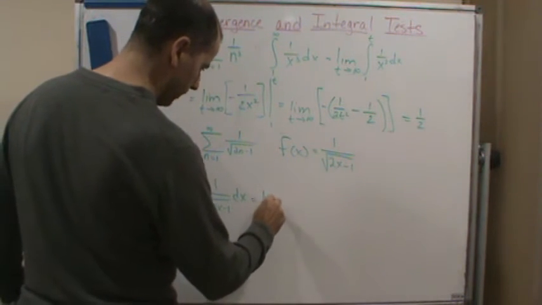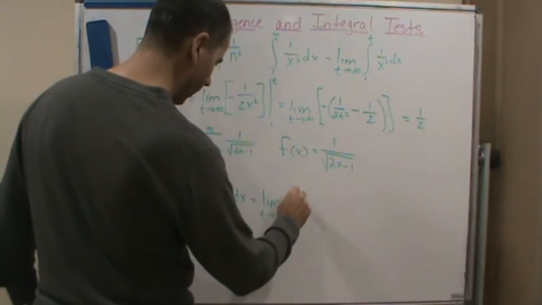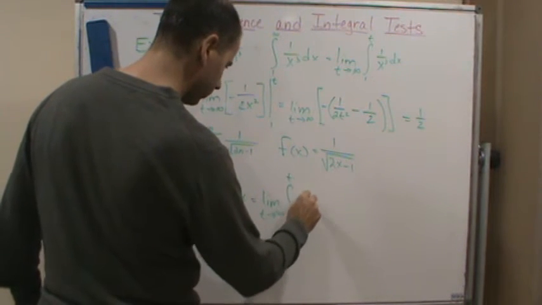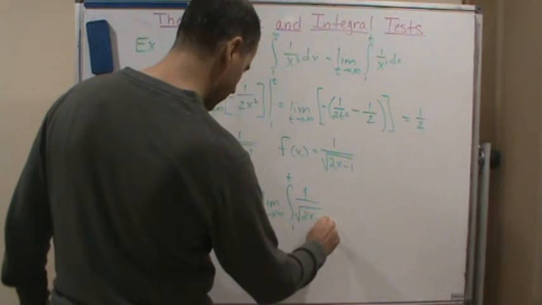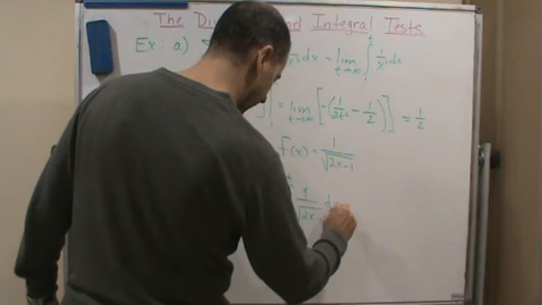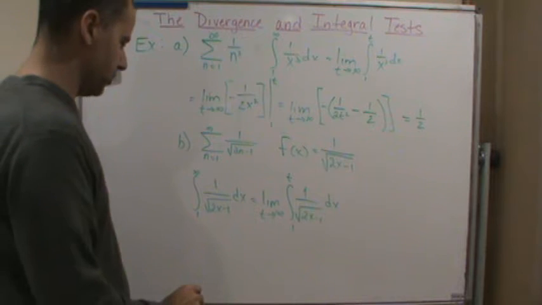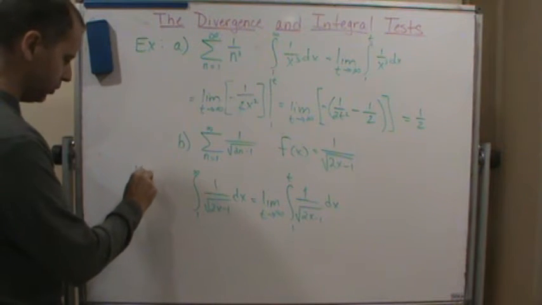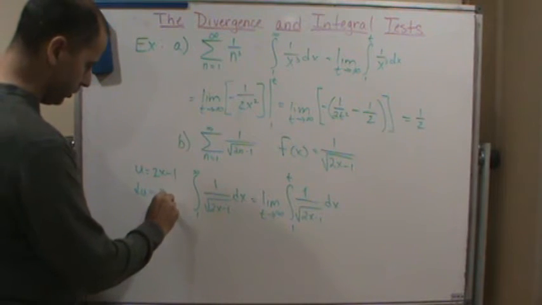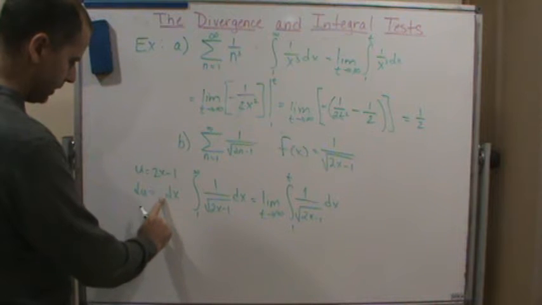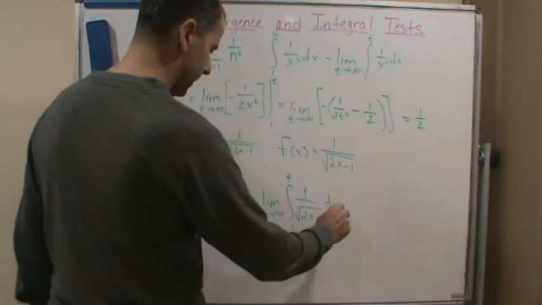But in fact, I'm going to do a limit. So I'm going to take the limit as t approaches infinity of the integral from 1 to t of 1 over the square root of 2x minus 1 dx. Okay, so now I'm going to integrate, but I'm going to use the U substitution. So I'm going to say that u equals 2x minus 1, du equals 2 dx. So that means 1/2 du equals dx.